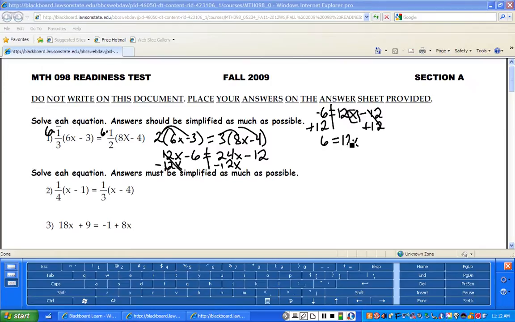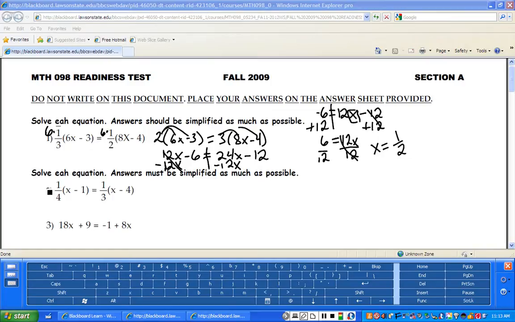This is multiplication, so to undo multiplication, the inverse, which is opposite of multiplication, is division. So I divide both sides by this 12 that I'm trying to get rid of. And so now the 12s cancel over here. X equals 6 over 12, which is nothing more than saying x equals 1/2. Has to be 1/2, not 6 over 12, because we always reduce, even if you're not asked to.